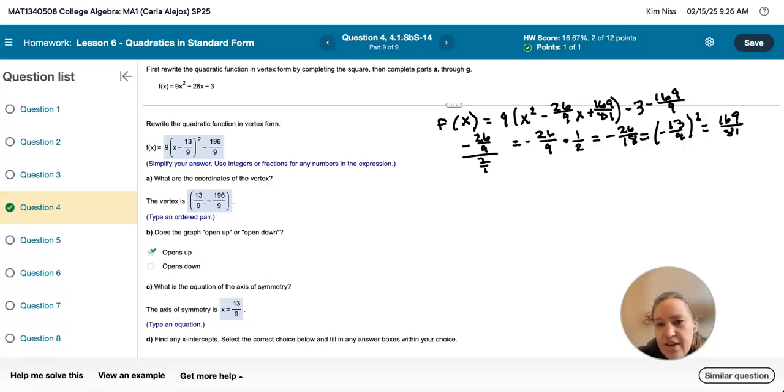So we're going to take negative 3, subtract 169 over 9, which is just a matter of putting this 3 over 9. So we end up with negative 27 over 9 because you have to have a common denominator. Minus 169 over 9. So we end up with negative 196 over 9.